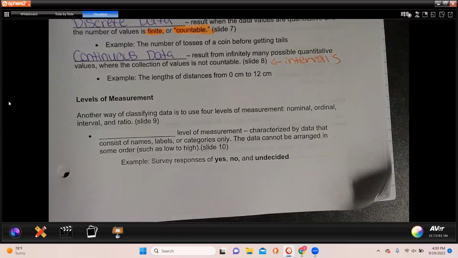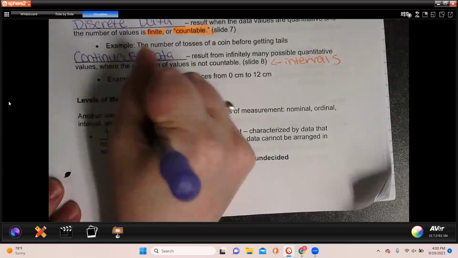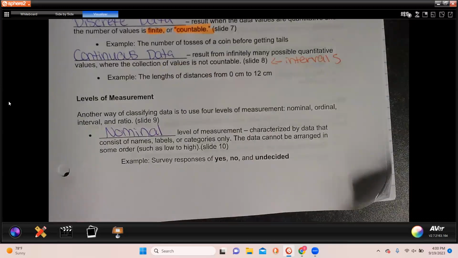Okay, so the level of measurement is the next thing that comes up. Okay, so this is classifying data. We can use 4 levels of measurement. Okay, each of them more in depth than the other. So the first one is called a nominal level of measurement. This is characterized by data that consists of names, labels, or categories only.